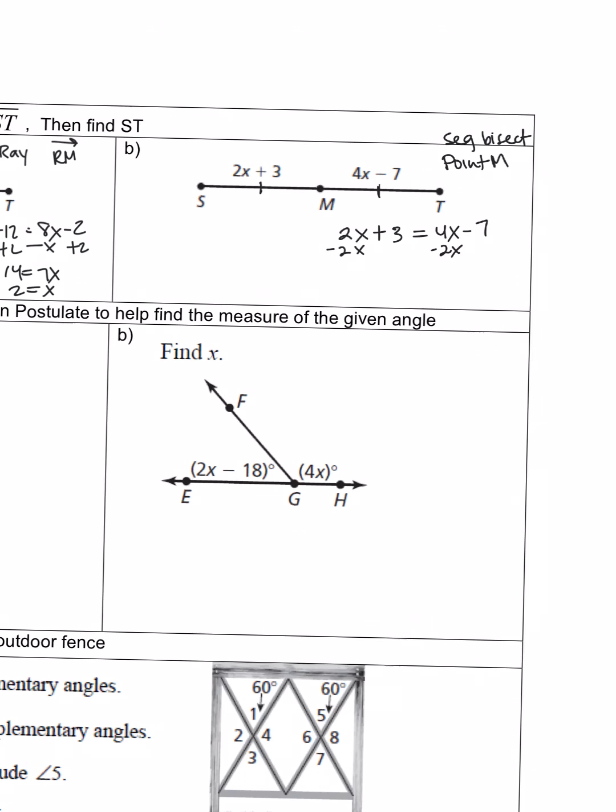Subtract 2x from each side. Let's add 7 also. We'll get 10 equals 2x, so x equals 5. Let's plug it back in to find out. 2 times 5 plus 3, that's 13. This is also 13, so the full segment is 26.